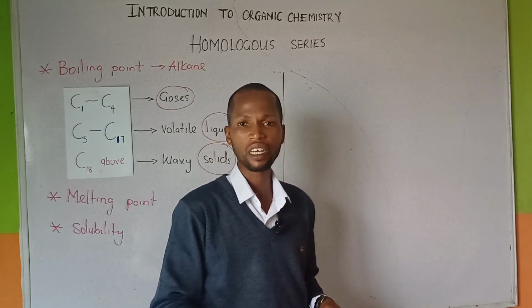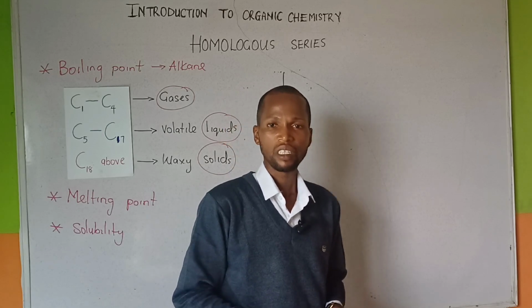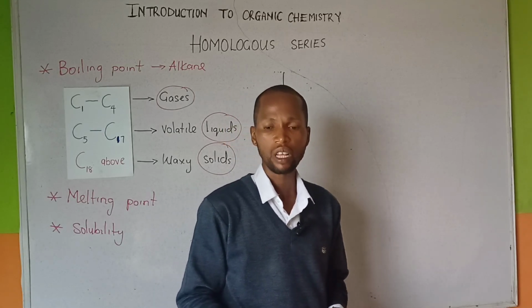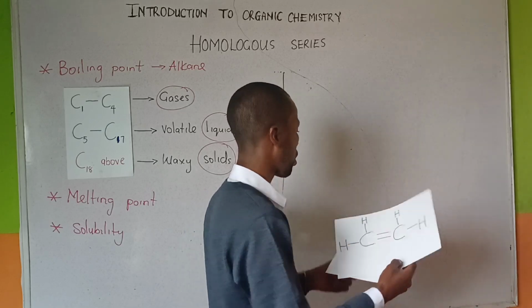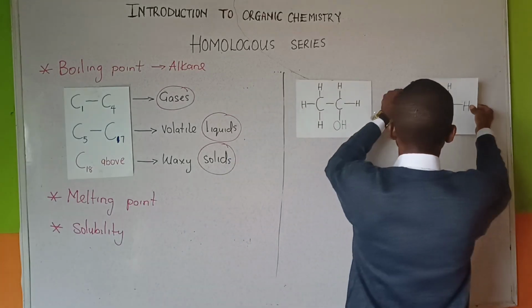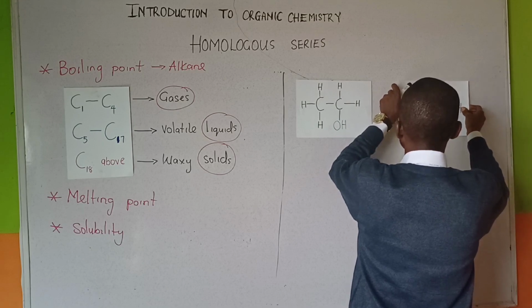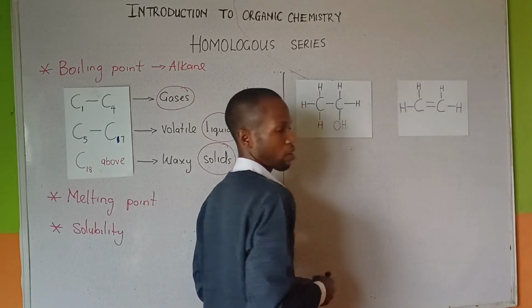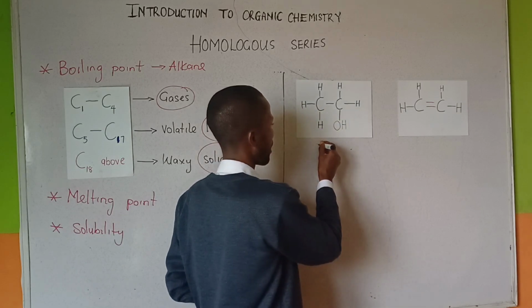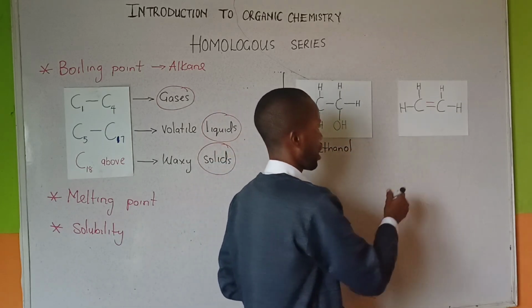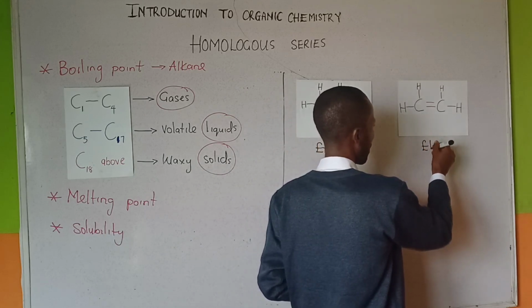dehydration of the alkanol. Dehydration has to do with the removal of water from alcohol. We can observe that from the... So how is alkene formed from this? Okay, we have this to be ethanol, and here is ethene.